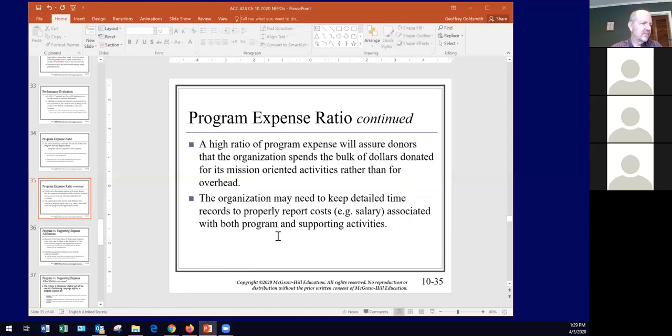So the organization might need to keep detailed time records to properly report costs like salary associated with both program and supporting activities. They could have an employee where part of that person's services is supporting activities, and part of what that person does is program mission related.